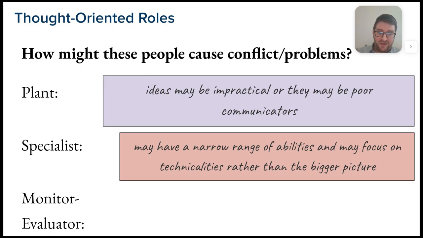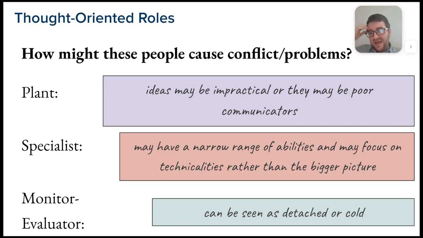They're specialized in one thing. And monitor evaluators, because they want to be objective, can be seen as detached or cold because they often don't develop strong relationships with anyone. But they do that for a reason. They want to be objective about choosing whose plans are the best plans.